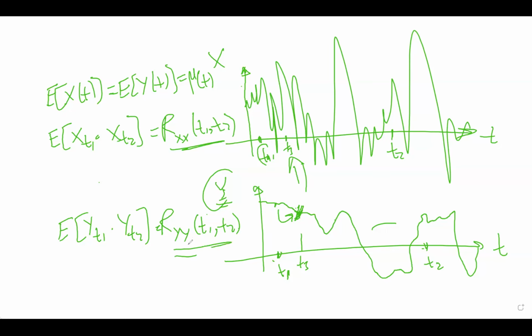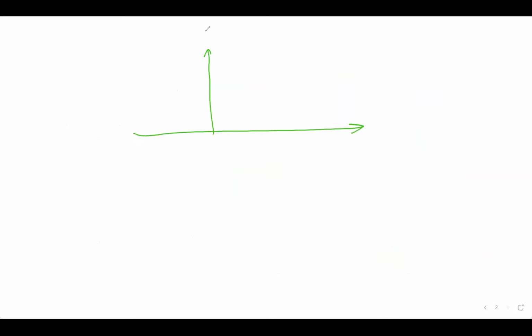Okay. Now let me try to draw the autocorrelation as a function of time. I can draw for the x case, this is rxx.